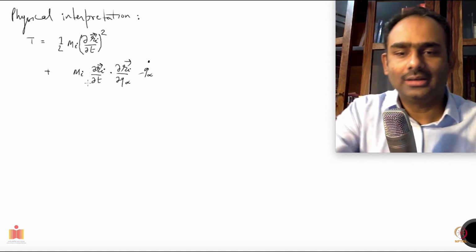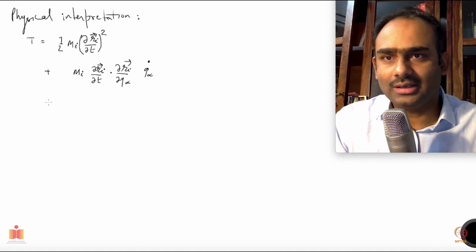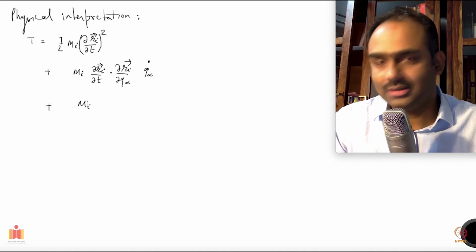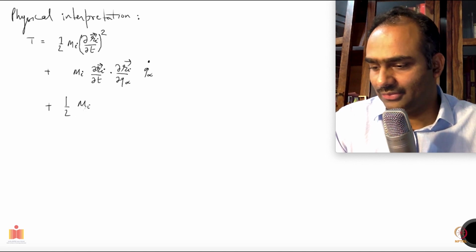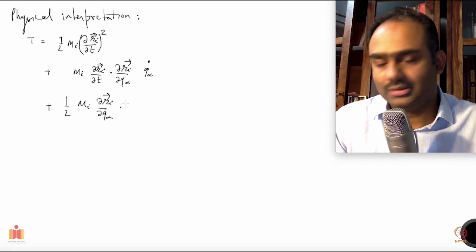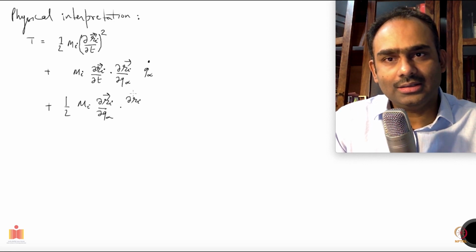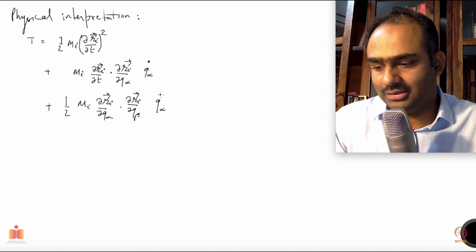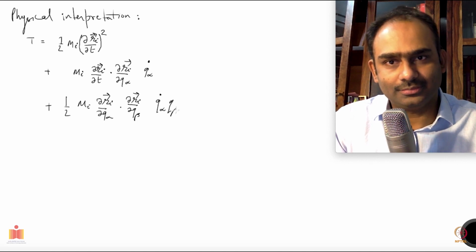That is good. And then you have m_i over 2, ∂R_i/∂q_α ∂R_i/∂q_β, q̇_α q̇_β.